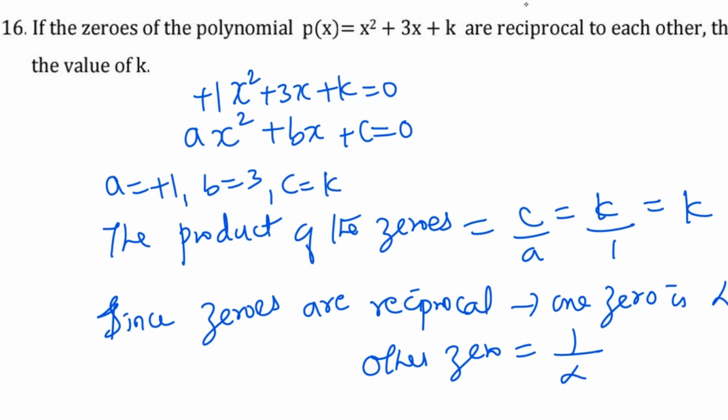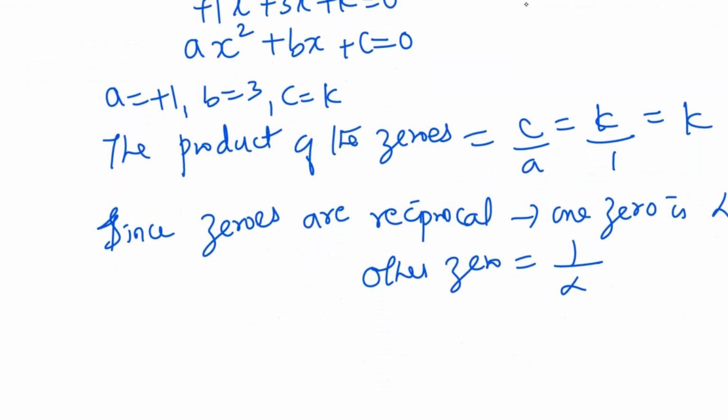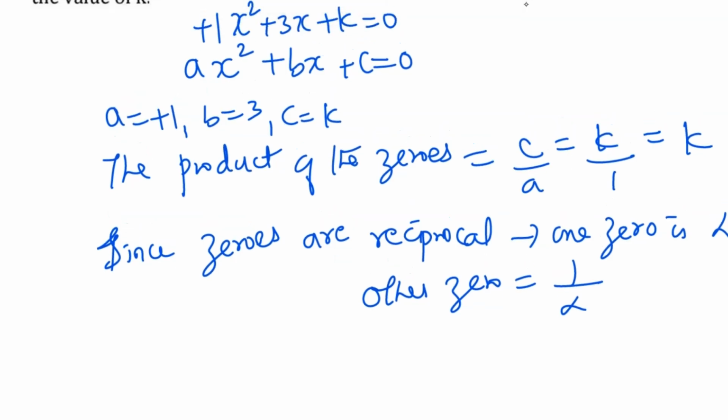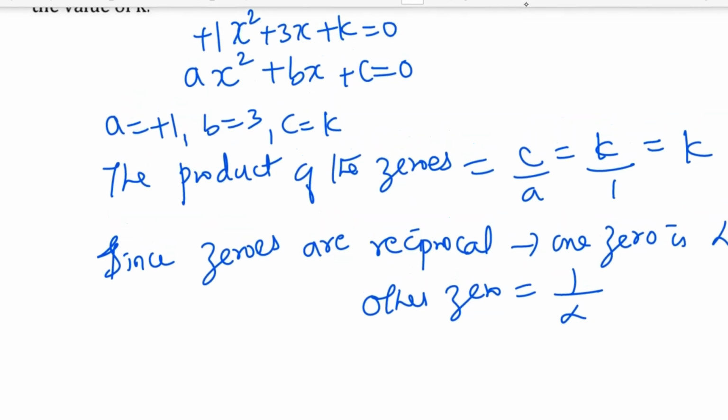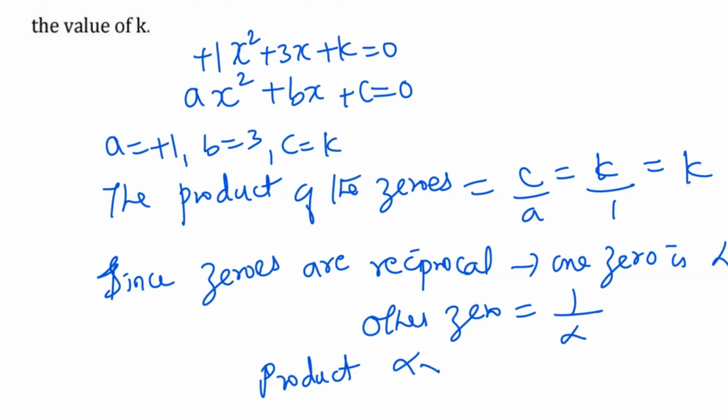So now the product of alpha and beta, the product will be alpha into 1 by alpha.